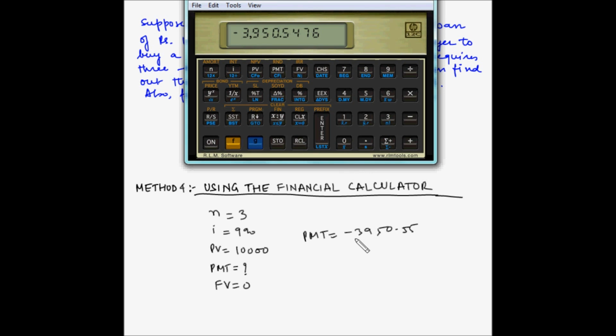This negative sign indicates that this is an outflow from our pocket, because we have taken a loan of 10,000 rupees, we have to make these installment payments to the person or organization from whom we have taken the loan.